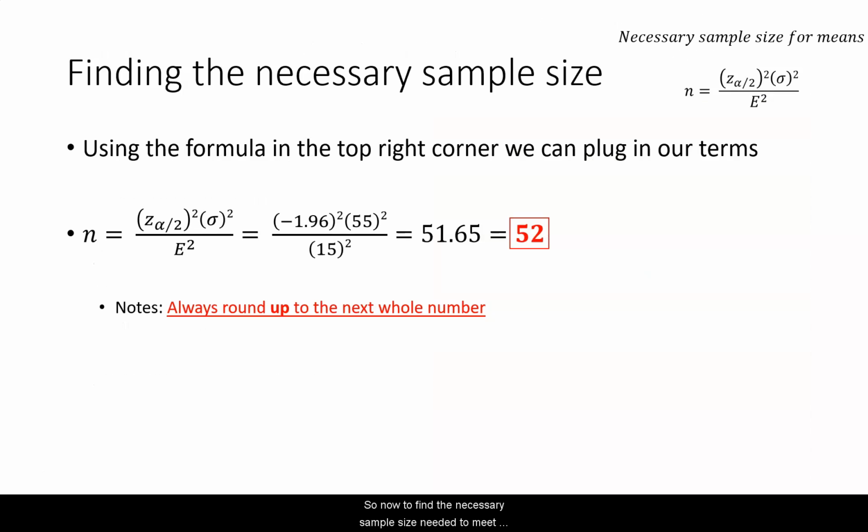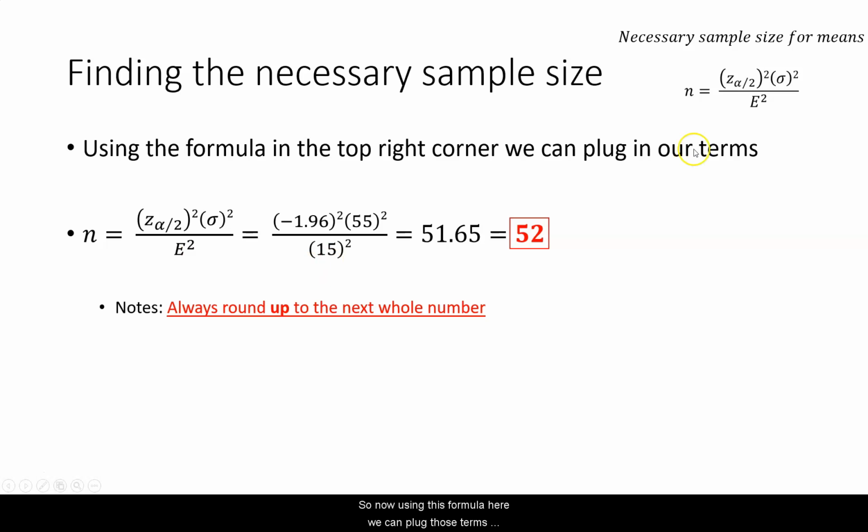So now to find the necessary sample size needed to meet our specified terms, I have the formula up here in the corner again in case you need to refer to it. Since we are given our terms from this problem, we have our z-score that we just found of negative 1.96, our standard deviation of 55, and our desired margin of error of 15.